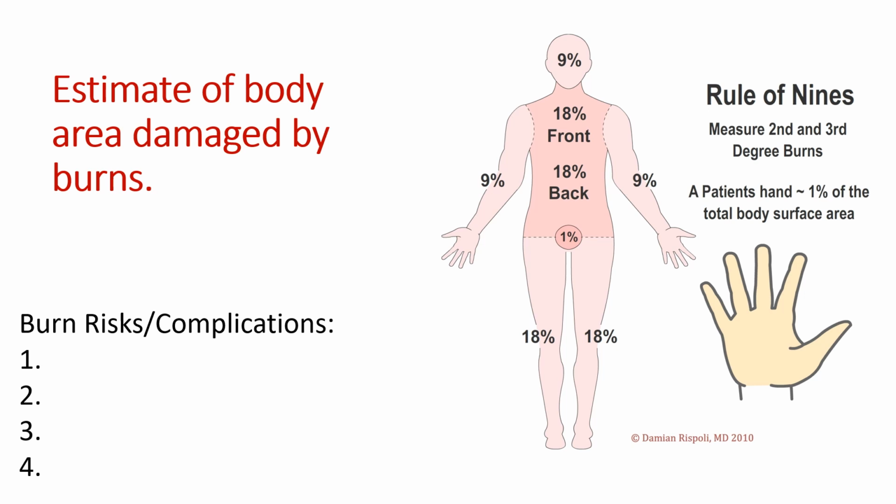When it comes to second and third degree burns, you are seriously abrogating the barrier function of that tissue. And so there are significant risks, especially if you're talking about widespread burning.